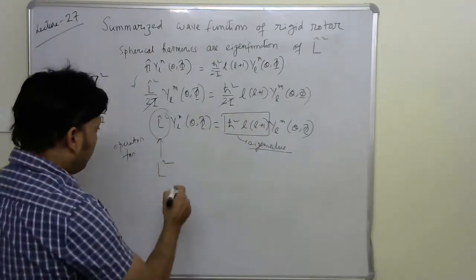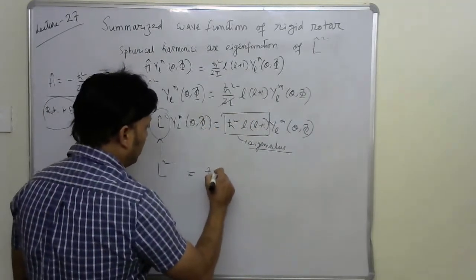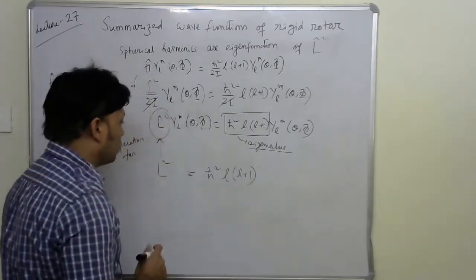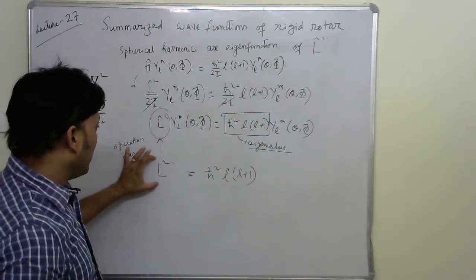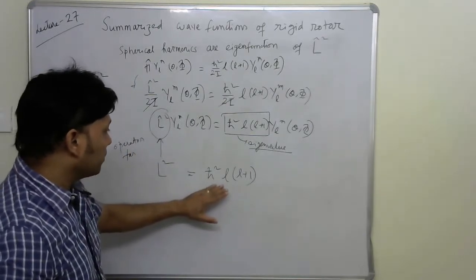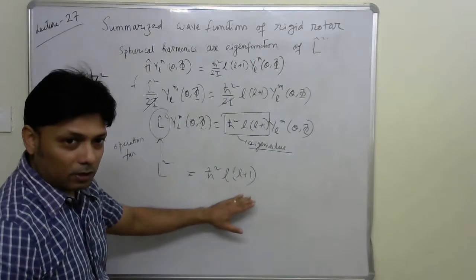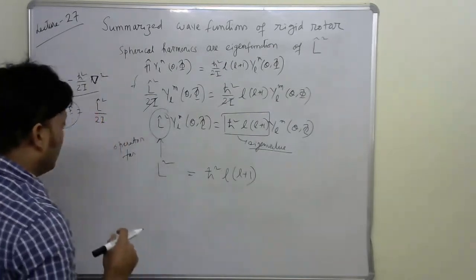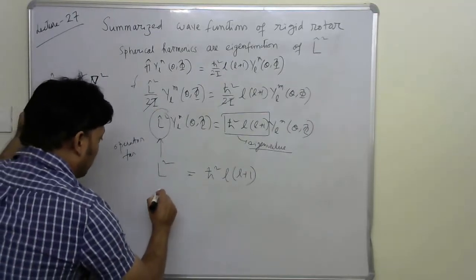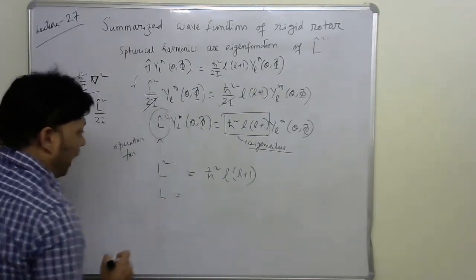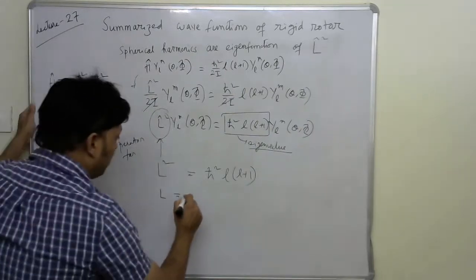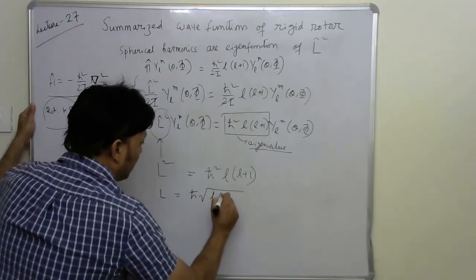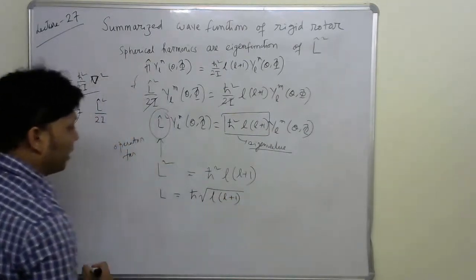So the value of L square we can directly equate as h cross square L multiplied by L plus 1. So this is the square of the angular momentum. Now, this is a scalar quantity, remember. And then if I want to find the value of the angular momentum, simply it becomes h cross root over L into L plus 1.